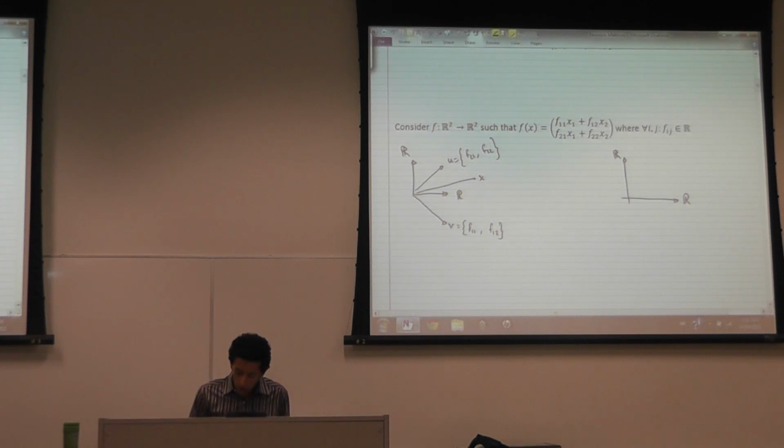The first component of the new vector is v dot x. So this is vector f of x. Let's call it y.